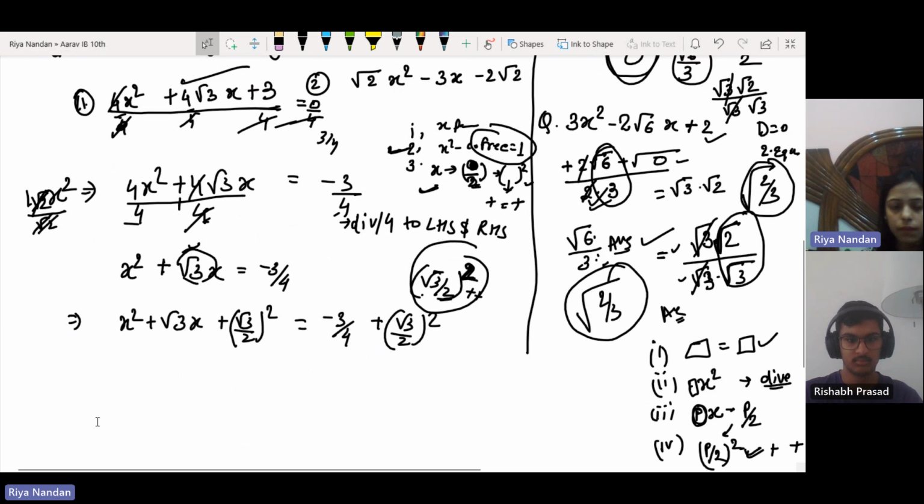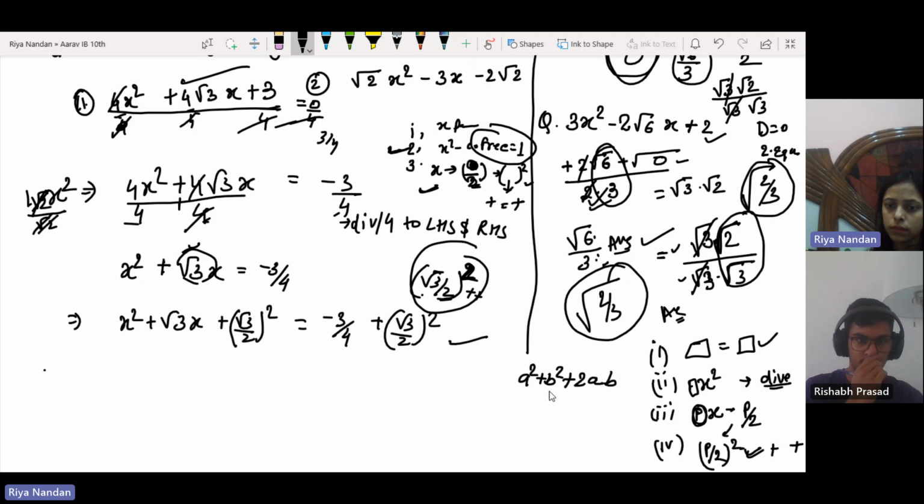So what we have done up to this, is it clear? Now see what the formula is. The formula is a square plus b square plus 2ab, right?